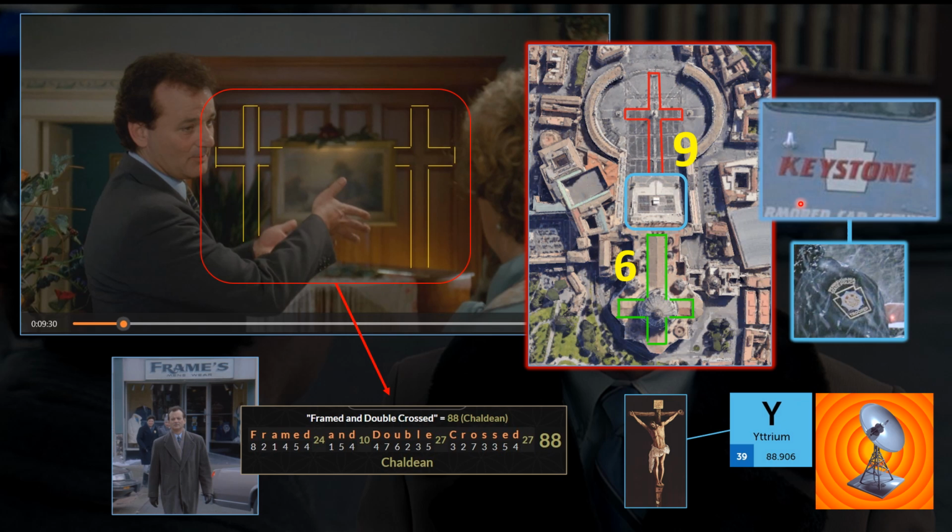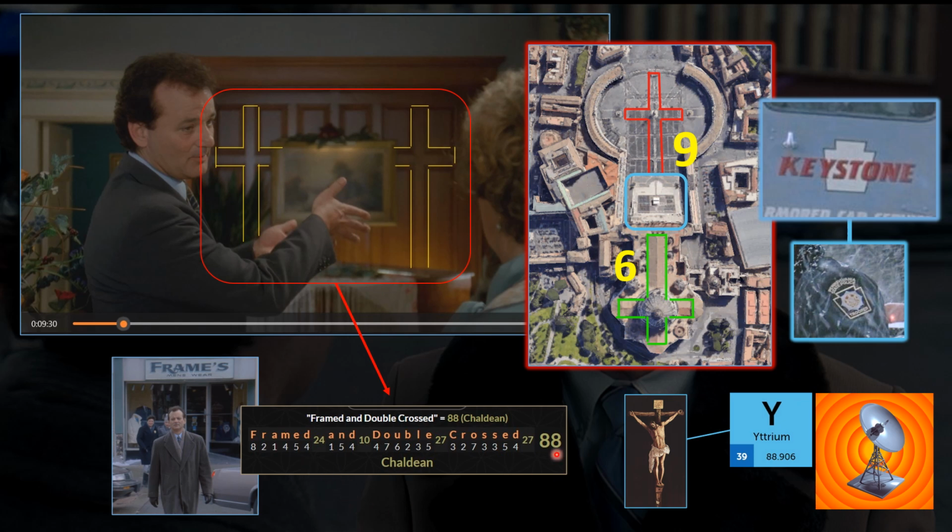Phil at one point in the movie decides he's going to rob an armored car, and the sign on the side of the armored car is Keystone Armored Car Service, and you can see that symbolism there for the keystone. The keystone is the top stone on an archway, and then the police officer that tells him to turn around because of the blizzard, he also has the exact same keystone symbolism on the shoulder patch there, which matches the symbolism we see between the two crosses at the Vatican.